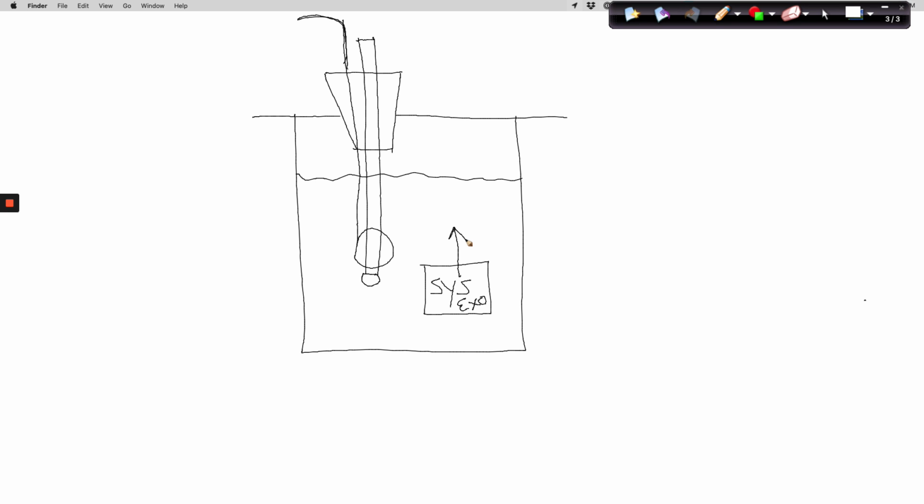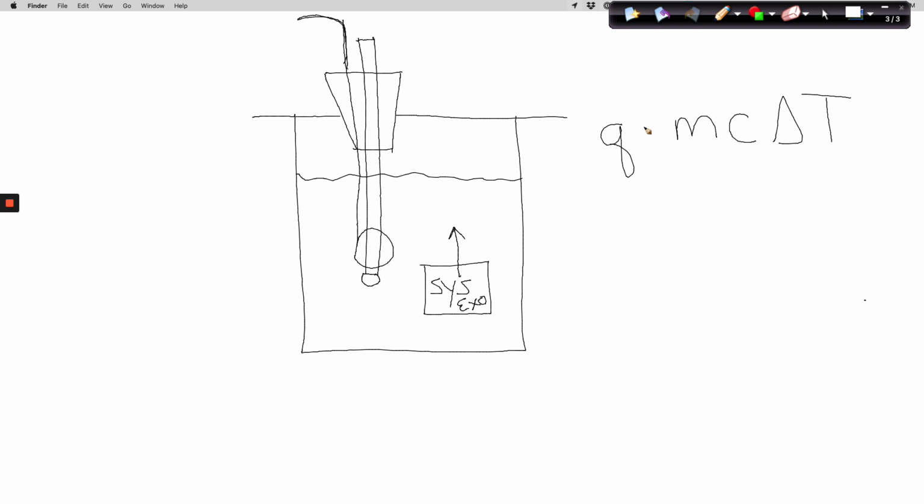But guys, where is that heat going? Into the water. And how can we measure how much heat went out of the reaction? Well, what we do is we measure the mass. We know the heat capacity of water. We measure the change in temperature.